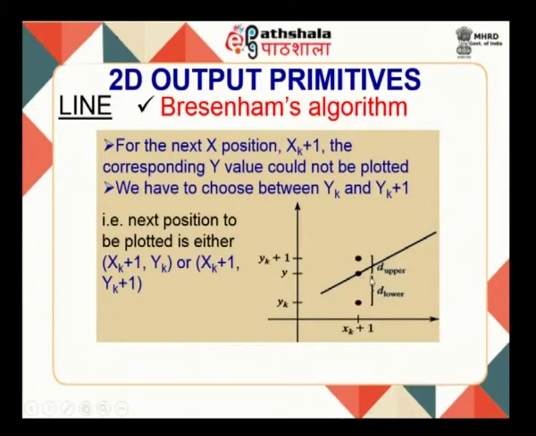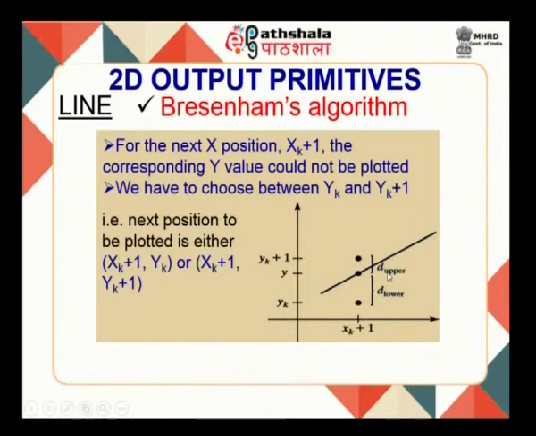For this, we will be computing the vertical distance between y and y k, and the vertical distance between y and y k plus 1, and see whichever position is closer to the theoretical y value. If y k plus 1 is closer, we will be plotting that, or if the theoretical position is close to the lower pixel y k, then we will be plotting this.